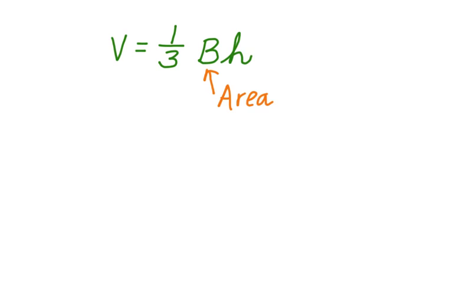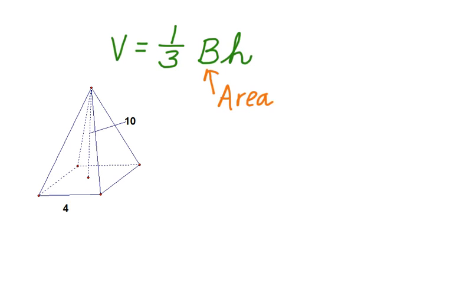So let's look at the pyramid that we just had a minute ago. This pyramid has a height of 10 and it has a side length of 4. We can use this side length of the base to find the area. Let's look at using this formula to find the volume of this pyramid.